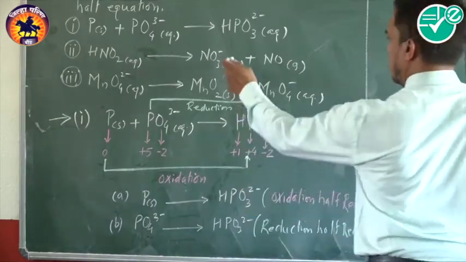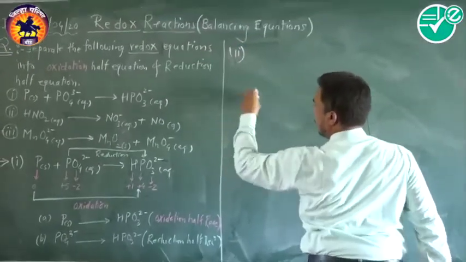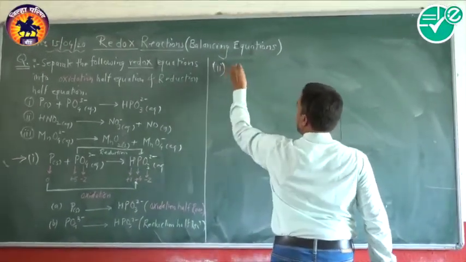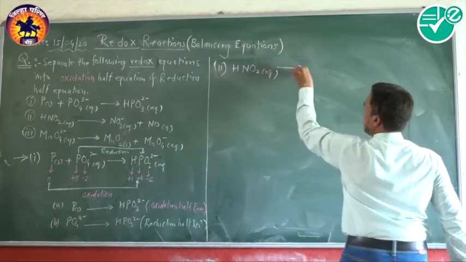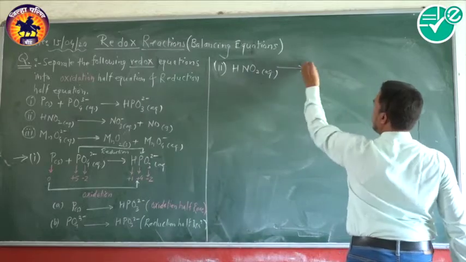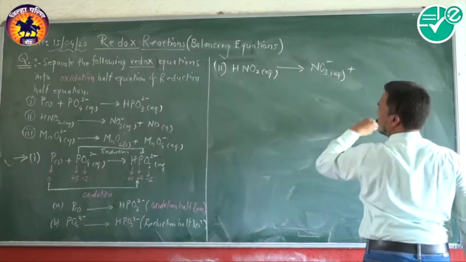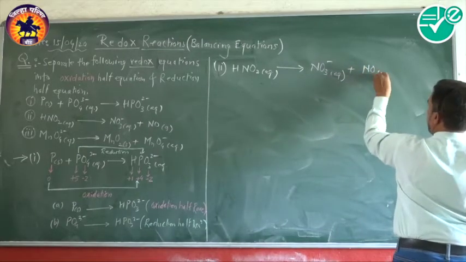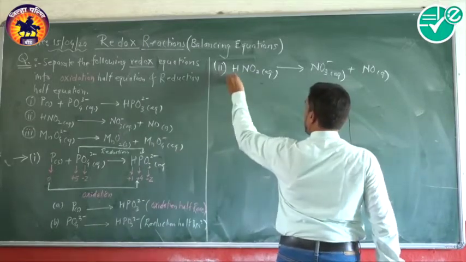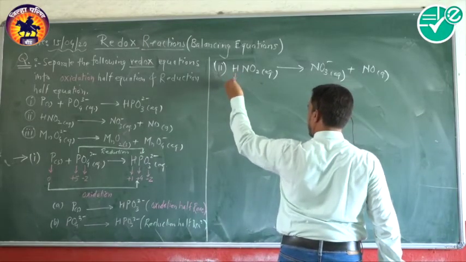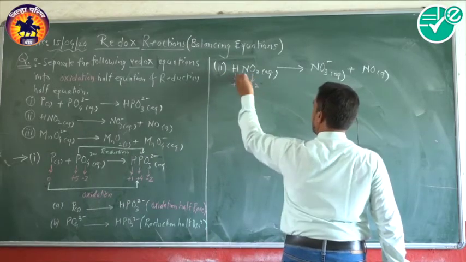Similarly, we take the second exercise. You have to write the second equation: HNO2 changes to NO3- plus NO gas. Now write down the oxidation states of all the atoms: hydrogen +1, oxygen -2.